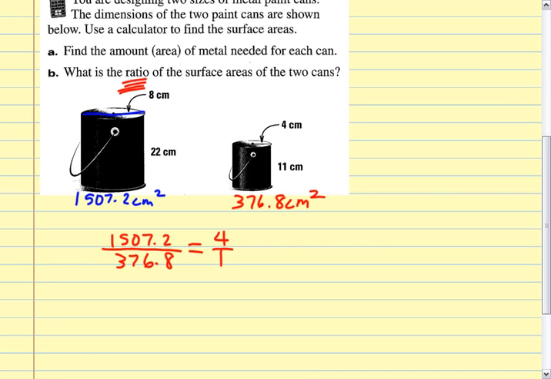This can is half the size, but do you agree that when I bring this over here, it kind of looks like I can almost put 4 of those cans in that big one? I could put 2 across the bottom and 2 across the top.